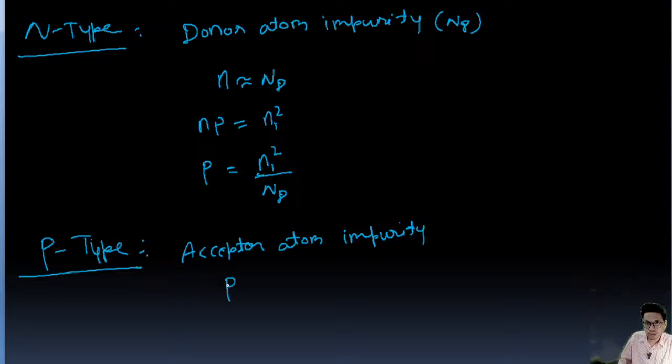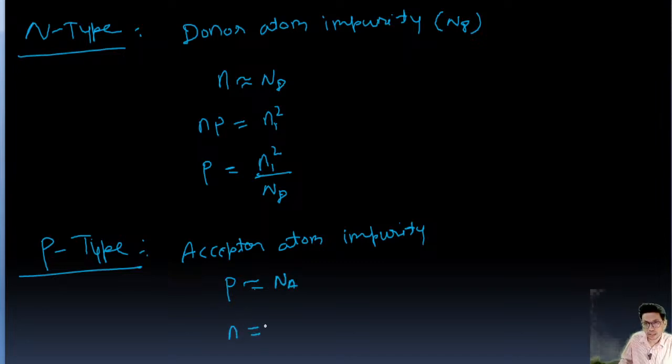Here P is the number of acceptors, P is almost equal to Na, the number of acceptor atoms, while Nd is the number of donor atoms.